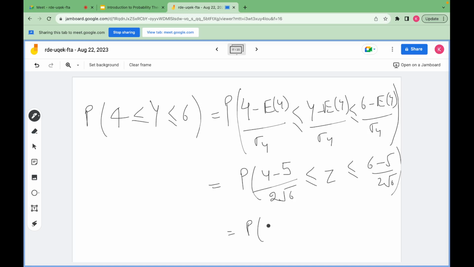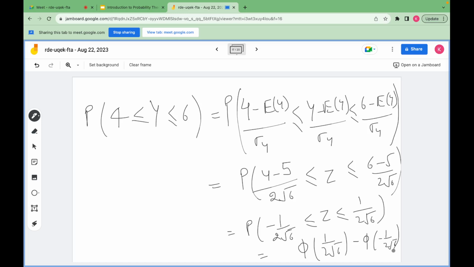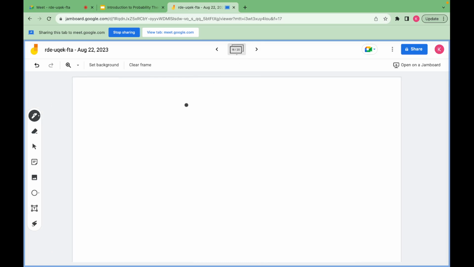So this is the probability that Z is in the range of minus 1 upon 2 root 6 to 1 upon 2 root 6. This is psi of 1 upon 2 root 6 minus psi of minus 1 upon 2 root 6. From the chart of psi we can find these values, and we get that the probability that y ranges from 4 to 6 is nearly 0.2405.